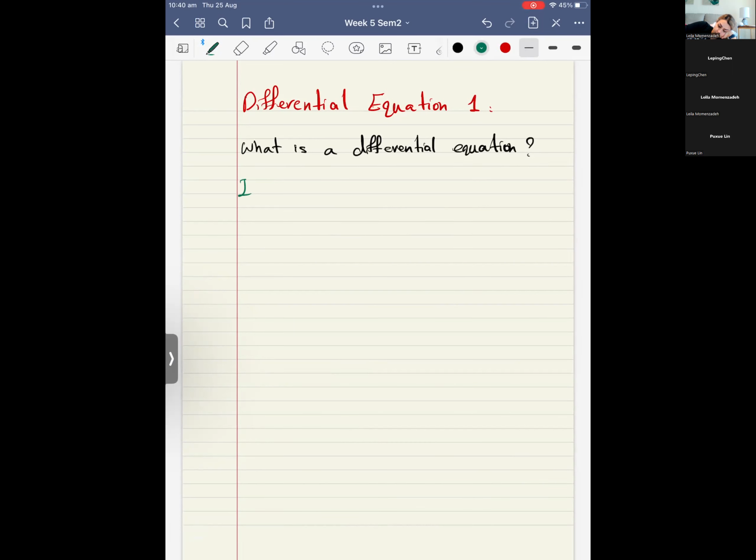It is an equation for which the unknown solution is not a number but a function.